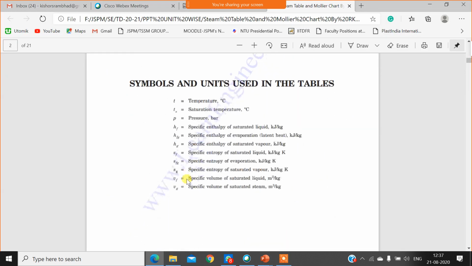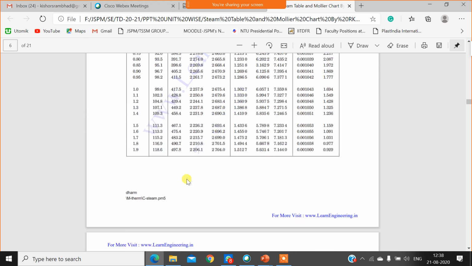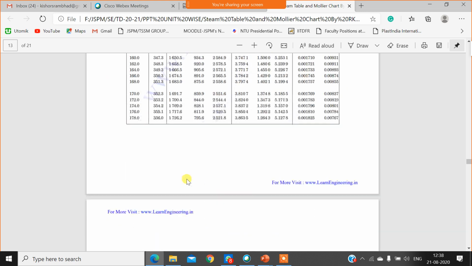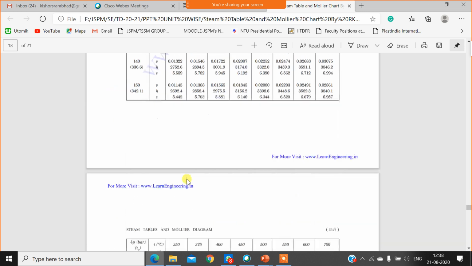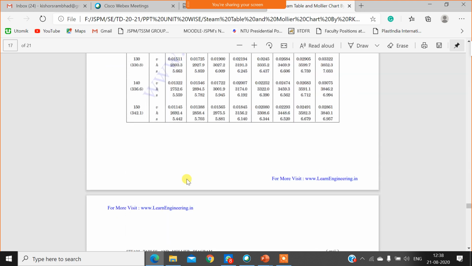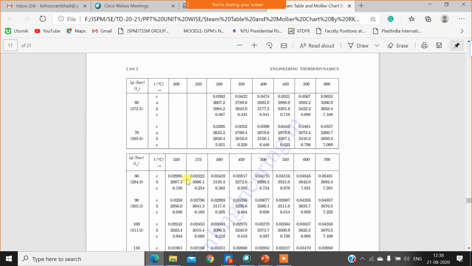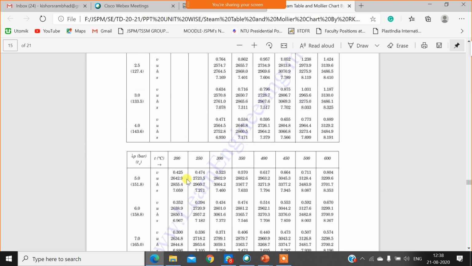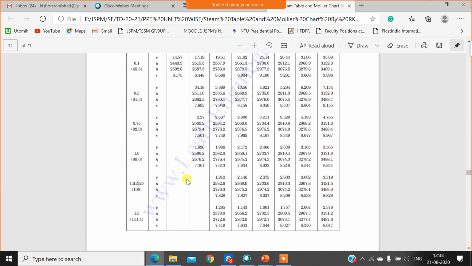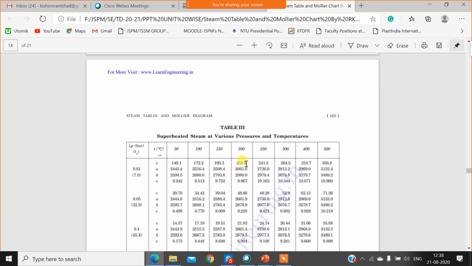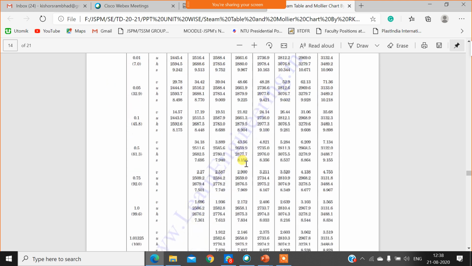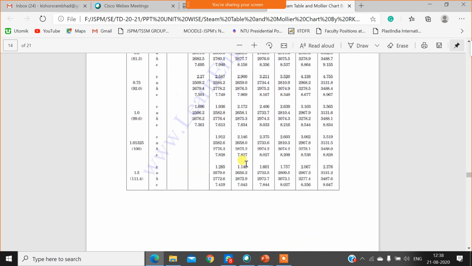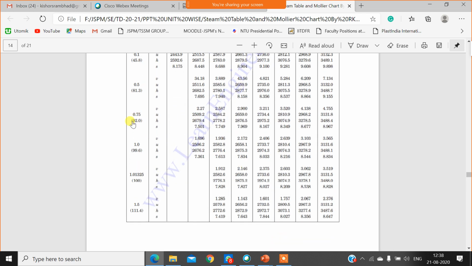For superheated steam, we have to go to table number 3. This is table number 3. Pressure is 0.75 bar. Look here, for 0.75 bar, saturation temperature is 92 degrees Celsius.